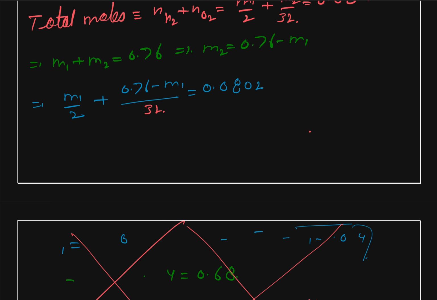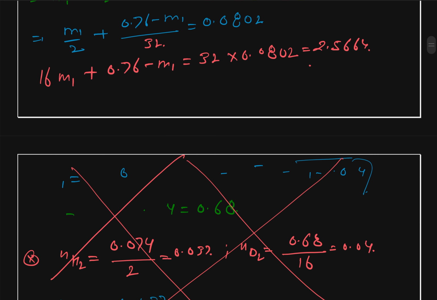So we have 32, we multiply it by 32, so this gets our 16m1 plus, and now it will be our 0.76 minus m1 is equal to 32 times 0.0802, and obviously it will be double of my previous one, so that will be coming as now 2.5664, and it will be a 15m1.